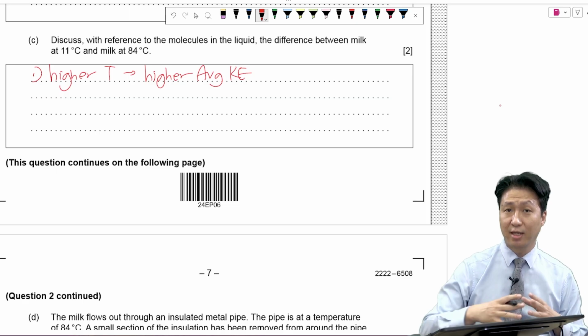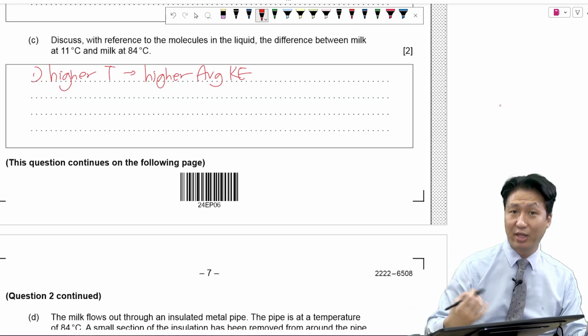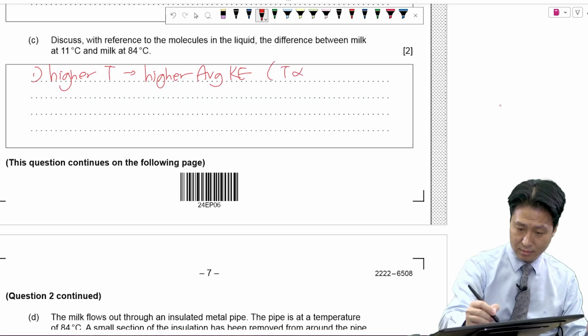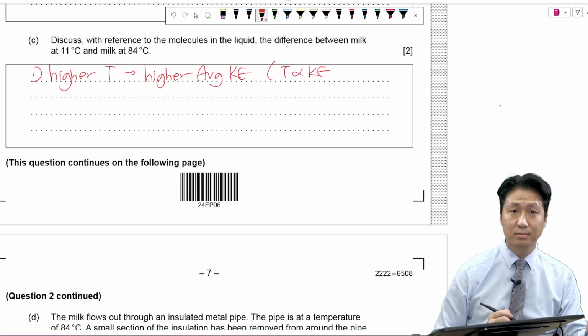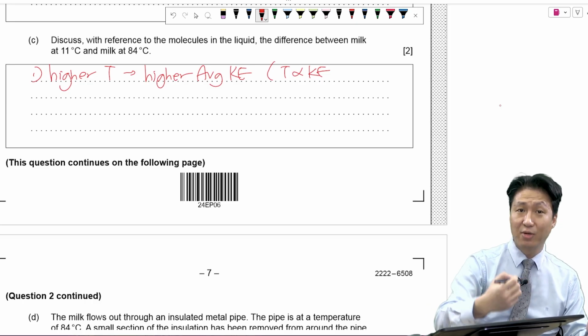So each molecule has slightly more energy because the kinetic energy on average is proportional to the temperature. So that also means that if it has higher average kinetic energy, it has higher RMS velocities.